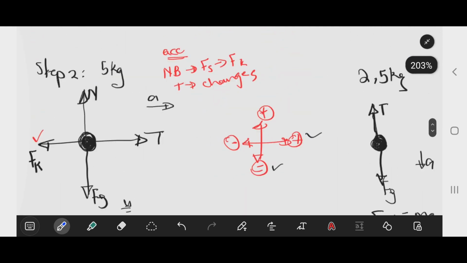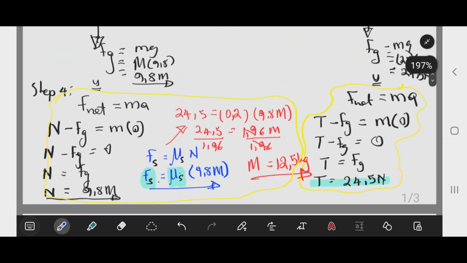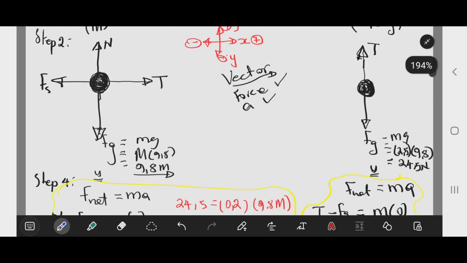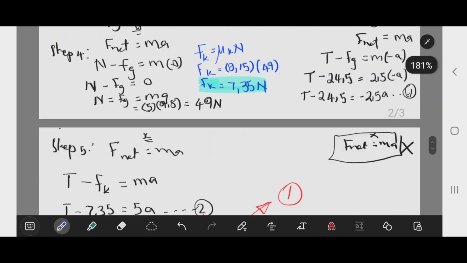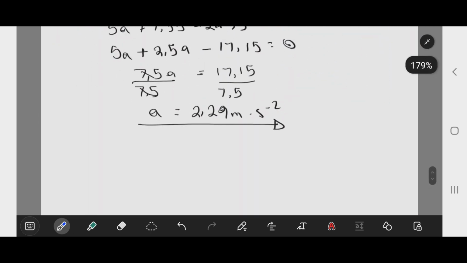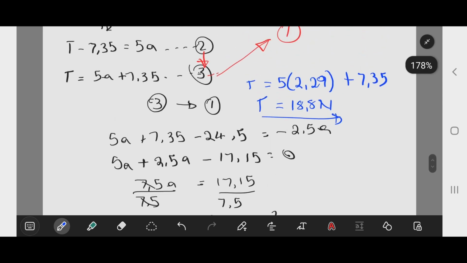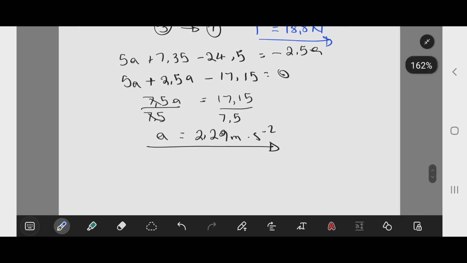Let us look at what they were requiring from the question. So they say calculate the magnitude of the acceleration for the 5 kg block, right? And we have calculated our acceleration from our analysis to be 2.29. And furthermore, if they were asking for the tension, it would be 18.8 newtons, right?